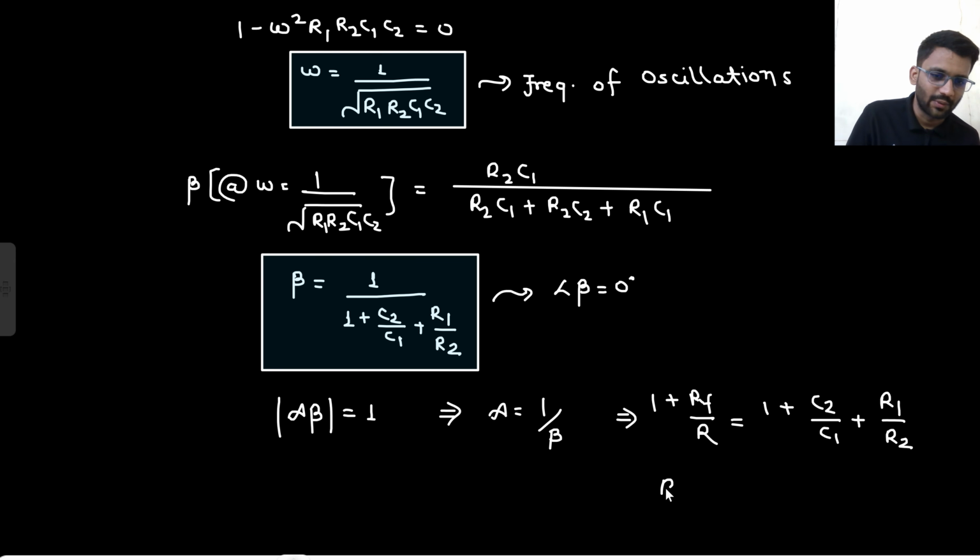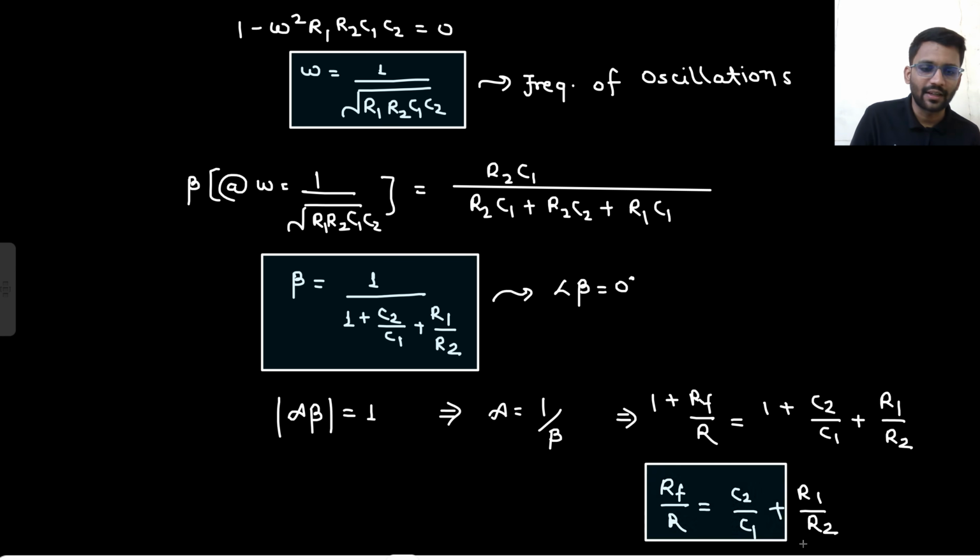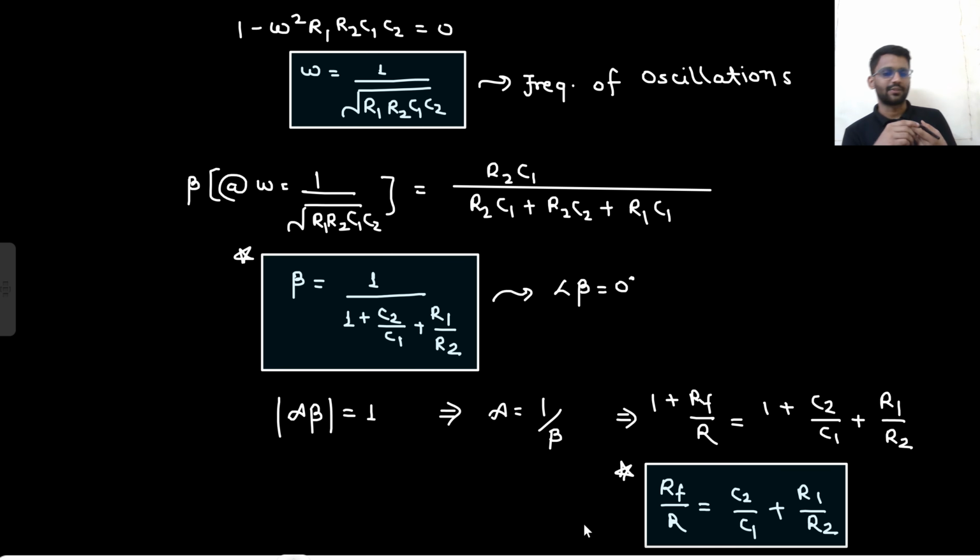So from here I get to know that rf by r should be equal to c2 by c1 plus r1 by r2. This is my rf by r ratio, the feedback factor. Say yes or no: rf by r ratio is c2 by c1 plus r1 by r2.